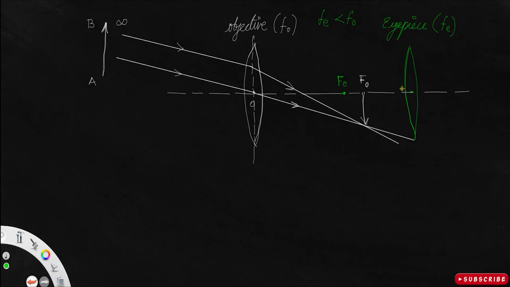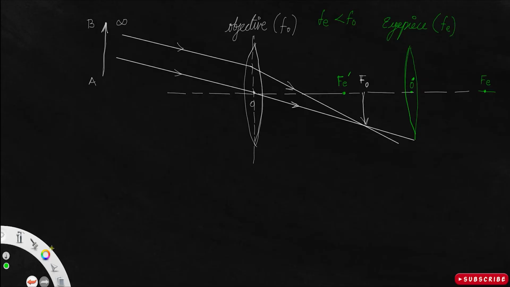Let us mark this point as O dash, the optic center, and at the same distance, FE O dash, there will be another focus here also. Let's mark this as FE dash and this as FE.